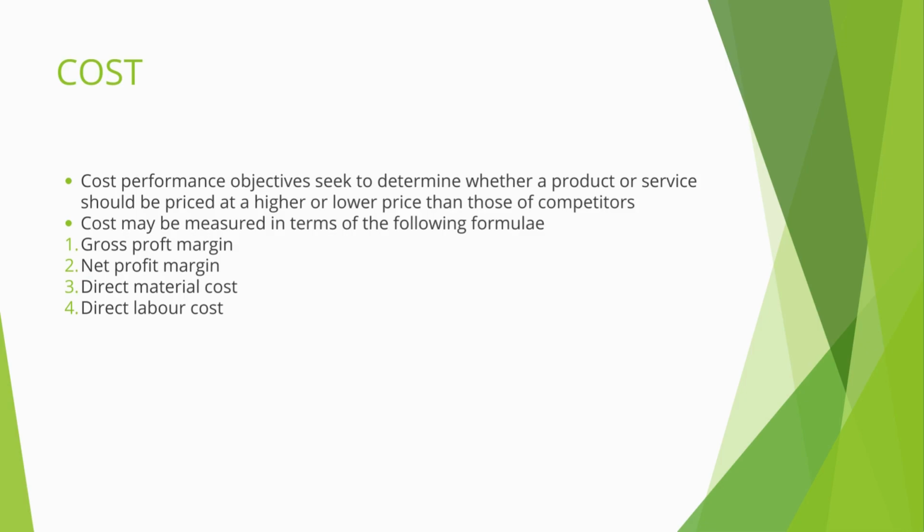Cost may be measured in terms of the following formulae. We have the gross profit margin, the net profit margin, the direct material cost, or the direct labor cost. So this is basically about the performance objectives or the performance measures.